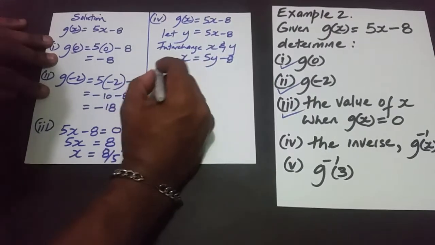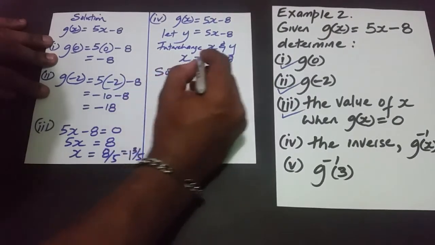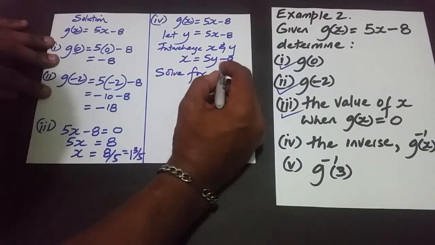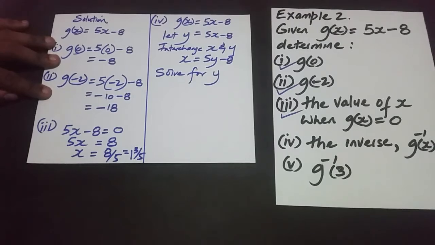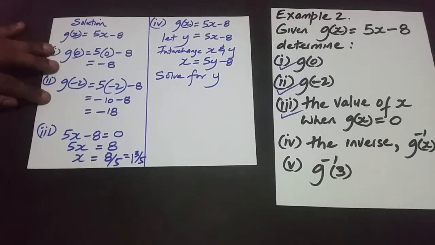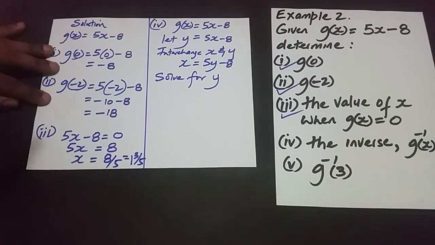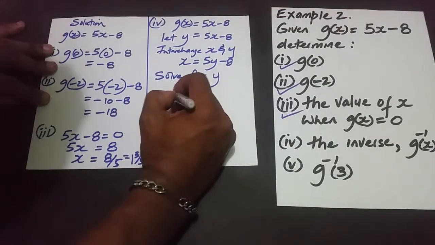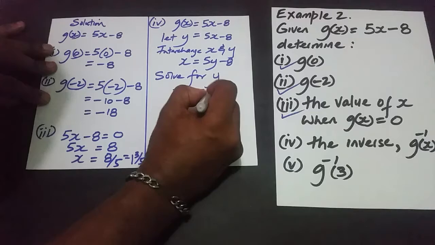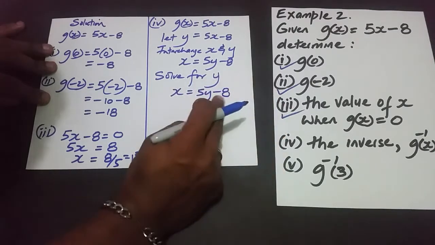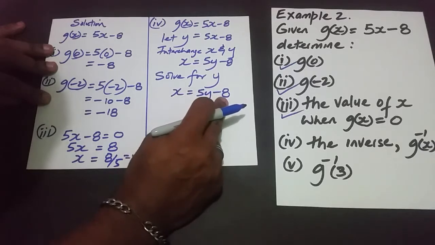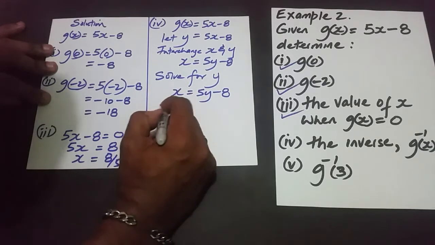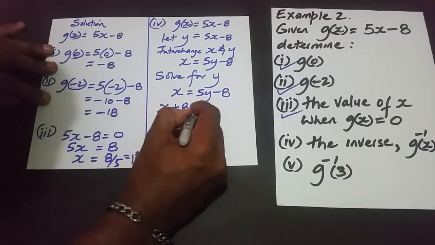And then the final step is to solve for y, which means to make y the subject. So what we want to have is y equals, and whatever y is equal to, that is essentially going to be the inverse. So we have x equals 5y minus 8. We have to move the minus 8 first. We cannot disturb the 5 on the y yet. So I'm going to carry over the minus 8. It's going to become positive.